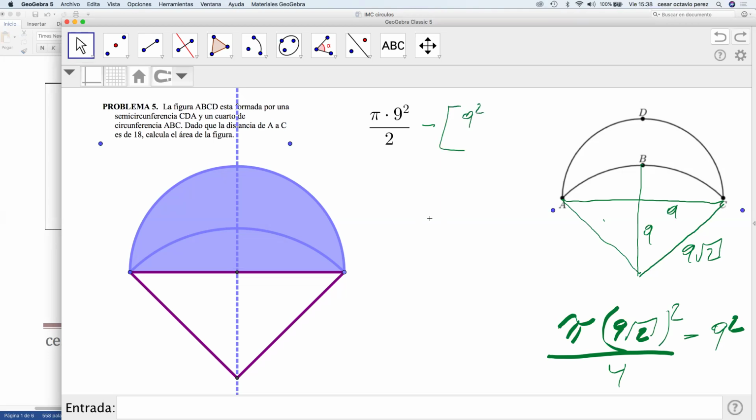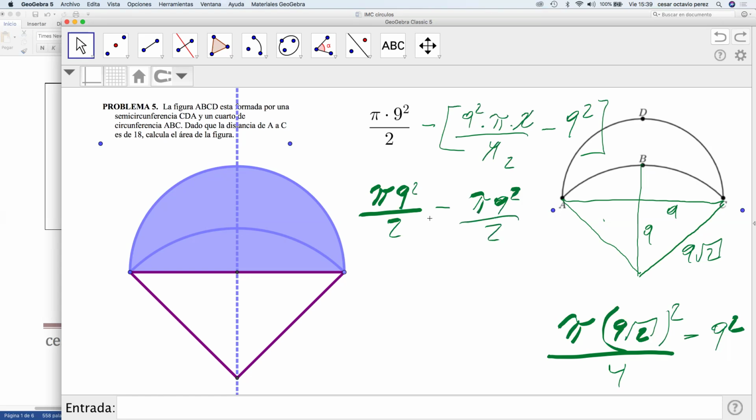Ok. Y esto es 9 squared pi 2 times 2 divided by 4 minus 9 squared. So if we simplify this, we will have pi 9 squared divided by 2 minus pi 9 squared divided by 2 plus 9 squared.